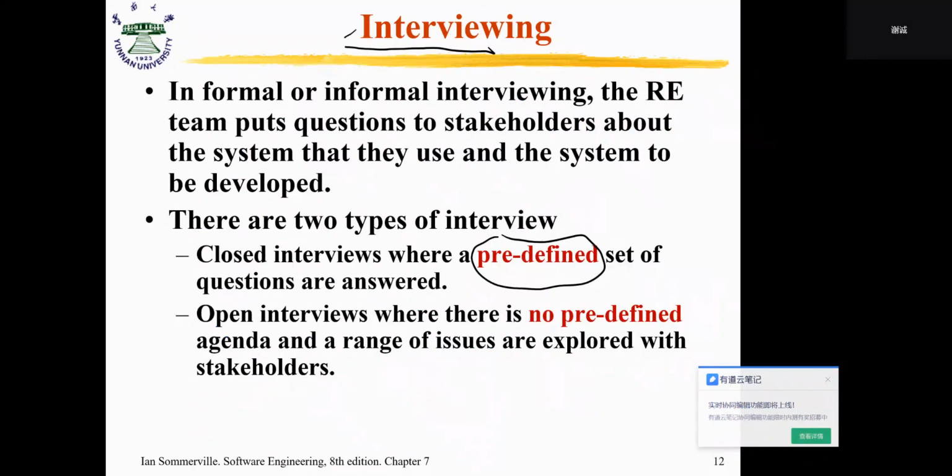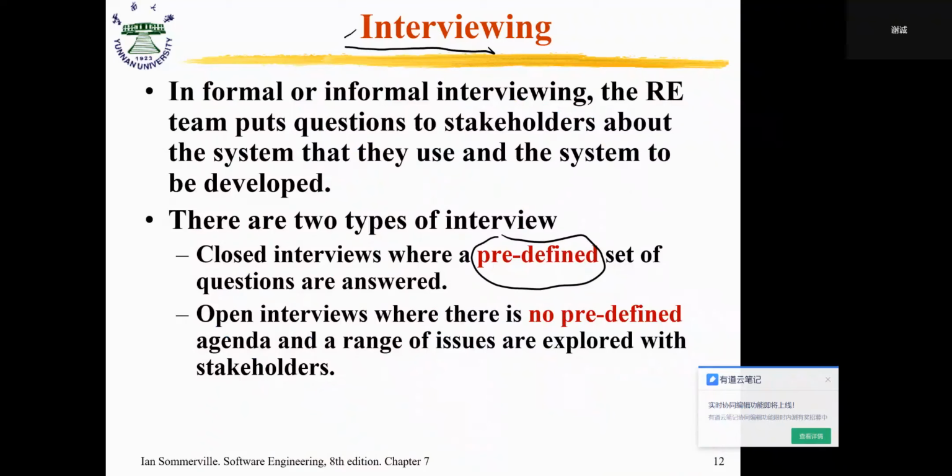The other interview is called an open interview, where there is no predefined agenda, and a range of issues are explored with the stakeholders. This open interview's purpose is to discover new requirements that you didn't consider.